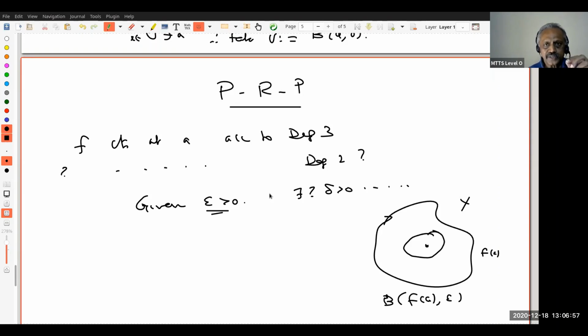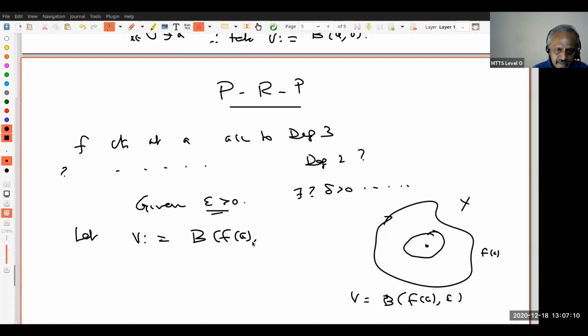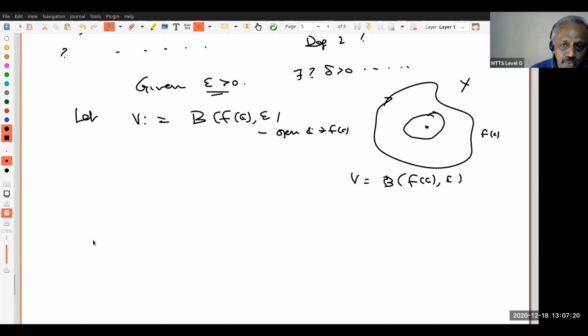I have to find an open set V containing f(a). What is the obvious choice? Yes. Let V equal B(f(a), epsilon). This is an open ball in Y, therefore this is open. And it also contains f(a) by very definition. Very good.